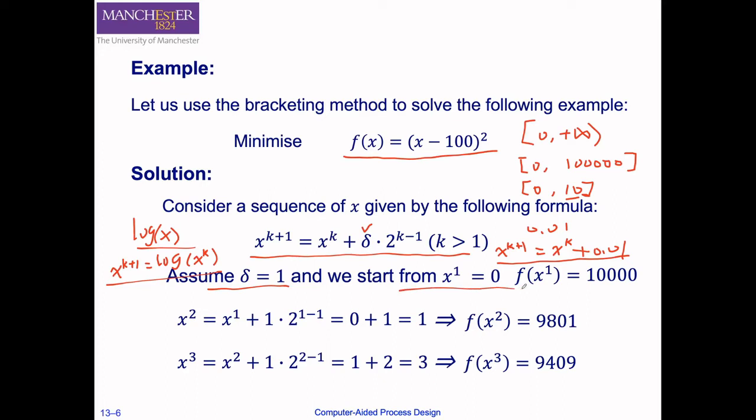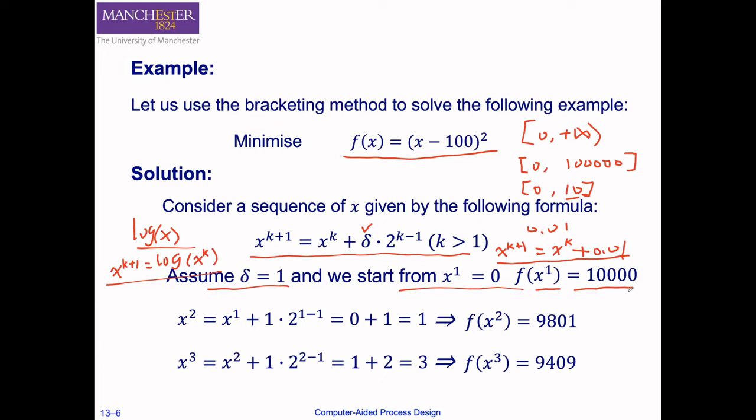We start from 0. This is an initial point we start. This initial point is provided by us. Of course, you can start from other values. At this point, x is equal to 0, we evaluate the function value, which is 10,000.